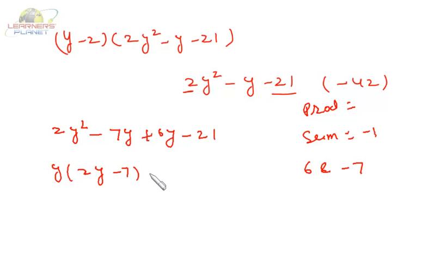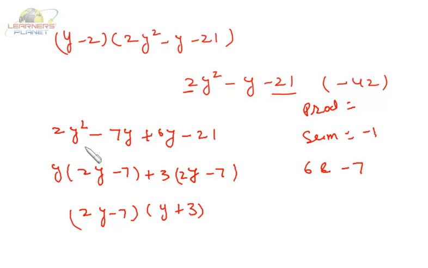From this we can take 3 as common. So it's 2y minus 7. Now take 2y minus 7 as common. So we are left with y plus 3. So we have done factorization of 2y square minus y minus 21 into 2y minus 7 and y plus 3. So finally, the given polynomial can be factorized as y minus 2, y plus 3 and 2y minus 7.